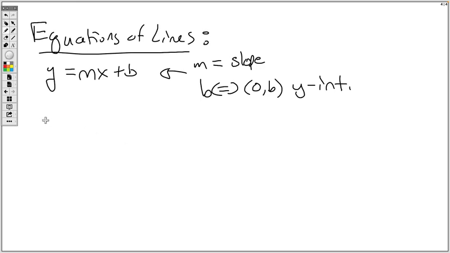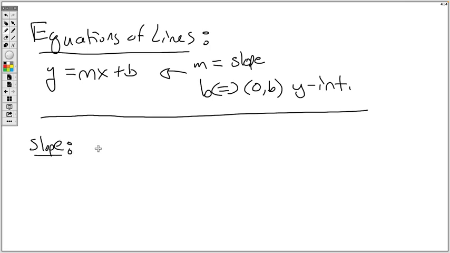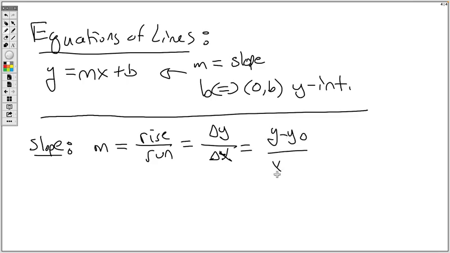But there's also another equation that comes from the slope formula. So let's remind ourselves, how do you get the slope? Rise over run. If you wanted to be fancier, change in y over change in x, or y minus y naught over x minus x naught. Have we seen all these things? Okay.